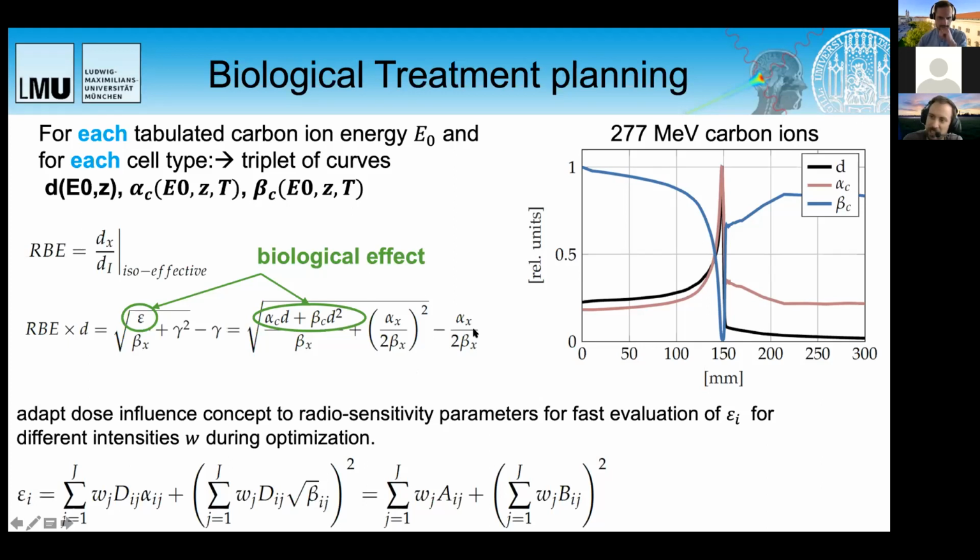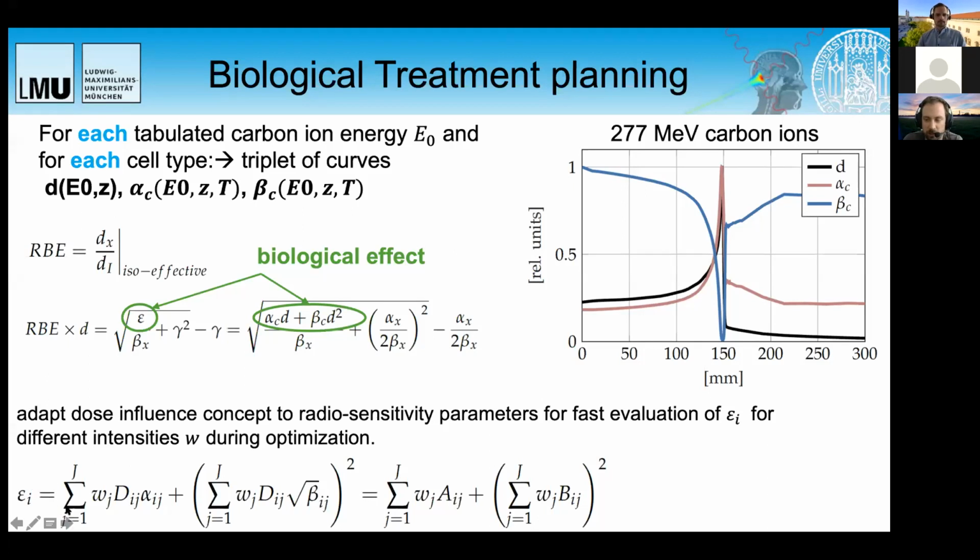And then you can apply the biological model like the LQM. And if you relate these parameters with each other, you basically can also define this RBE weighted dose, which gives you the dose at which the survival is the same. So it relates both survival curves for the carbons and the photons with their different alpha beta parameters to each other.